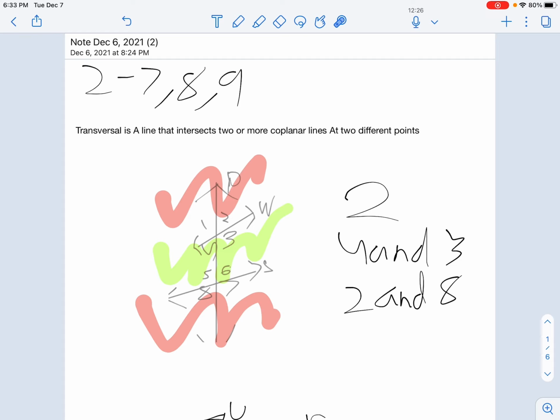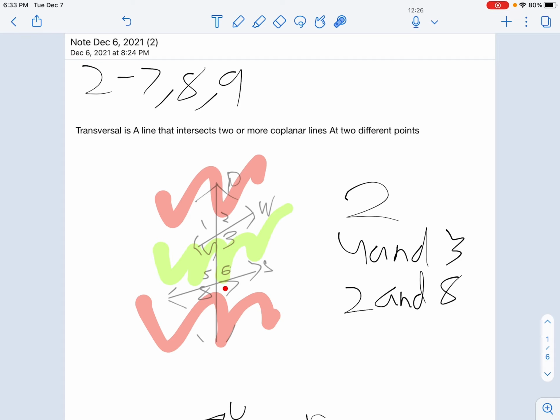Now, alternate interior angles are also in the interior, because it's in the name. They are on the opposite sides of the transversal line, and they are non-adjacent interior angles.